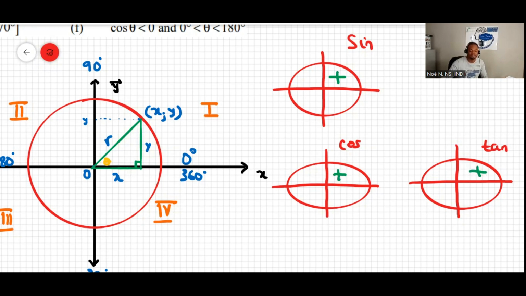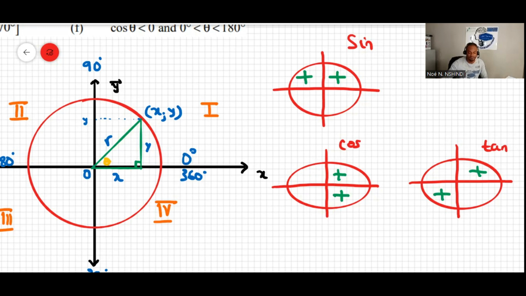And then sine is positive on the second quadrant as well, but cos is negative on the second quadrant. Okay, let's see, cos is positive on the fourth quadrant, and tan is positive on the third quadrant. Now the remaining quadrants will be negative.